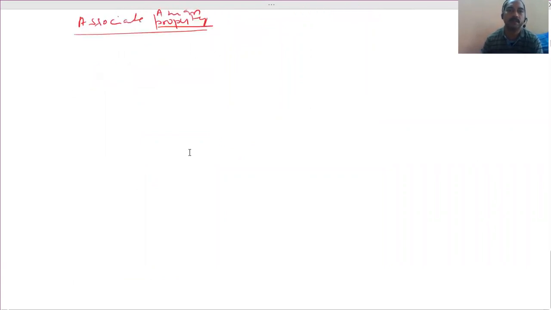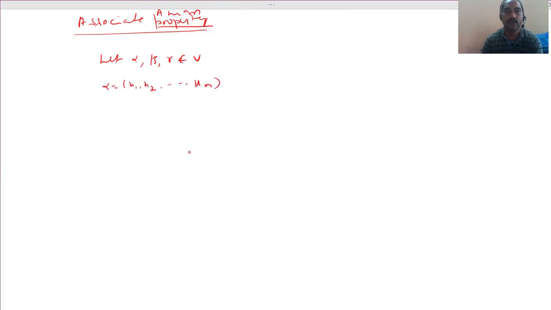So for the associative axiom, take three vectors alpha, beta, and gamma belonging to V. Alpha is x1, x2, and so on up to xn, since we don't know the components, it is an arbitrary vector. Similarly beta is y1, y2, and so on up to yn, and gamma is w1, w2, and so on up to wn.